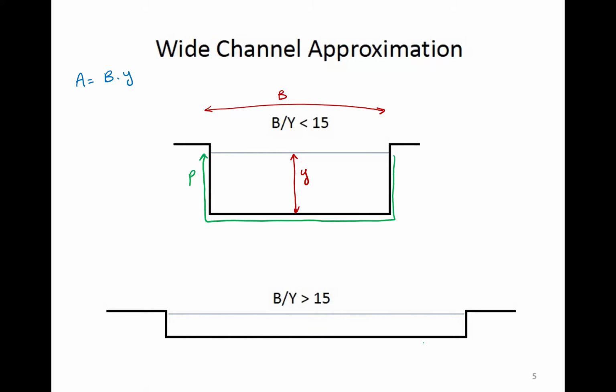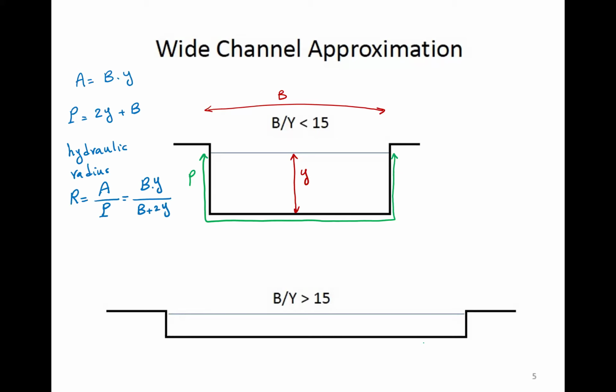But the wetted perimeter is this length, and in a rectangular channel, P will be equal to 2Y plus B. The hydraulic radius, again, another definition, typically we use capital R, is equal to area A divided by wetted perimeter P. In this case, for a rectangular channel, it will be equal to BY divided by B plus 2Y. That's just definition.